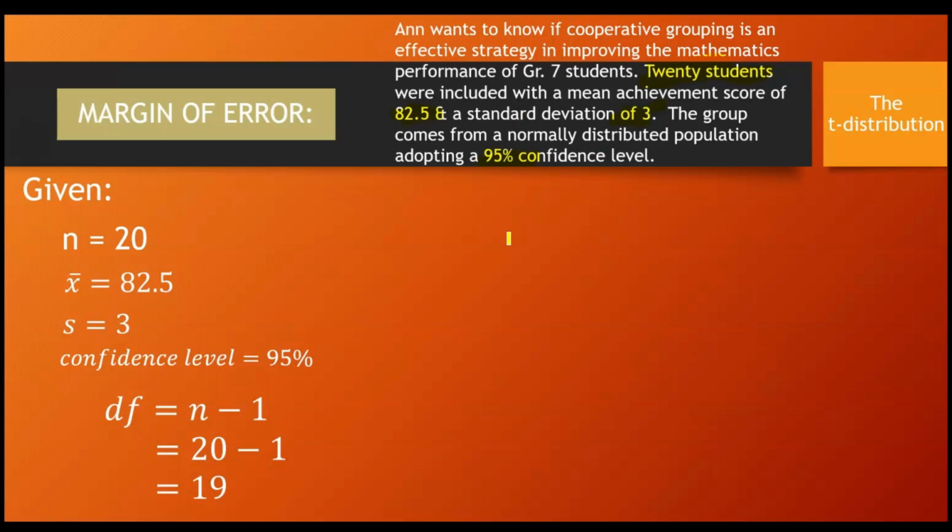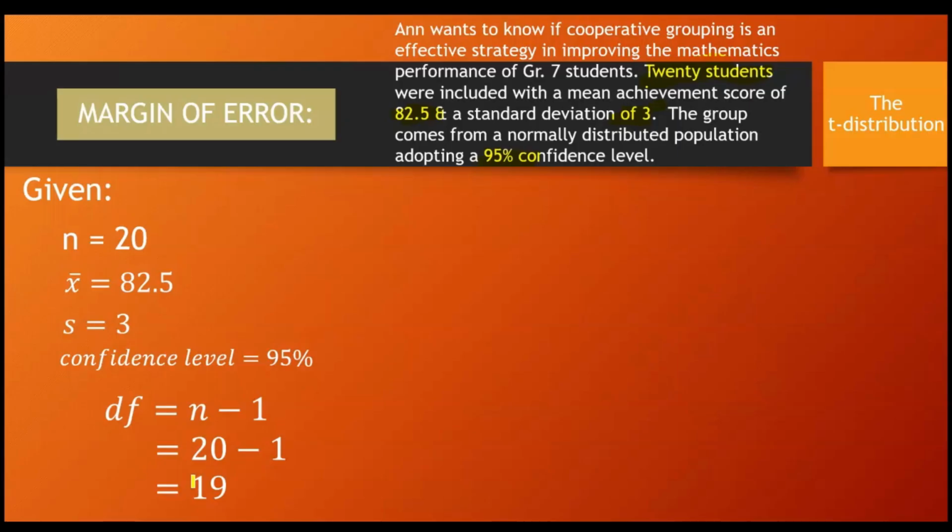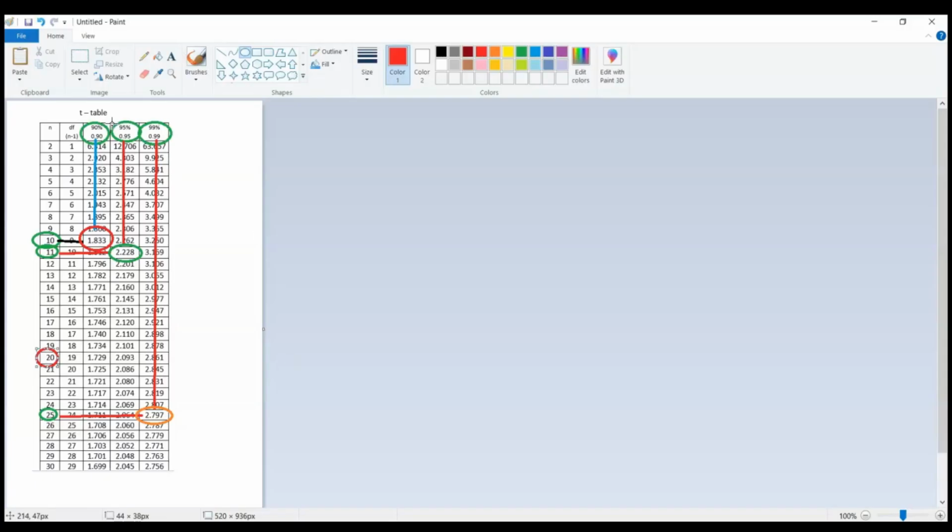Next, let's find the confidence coefficient, T sub alpha over 2. We actually use the T table, and remember that our n is 20 and at 95% confidence level. So we just locate the 95%. Now first, n is equal to 20. It's right over here. And our confidence level is at 95%, right there.